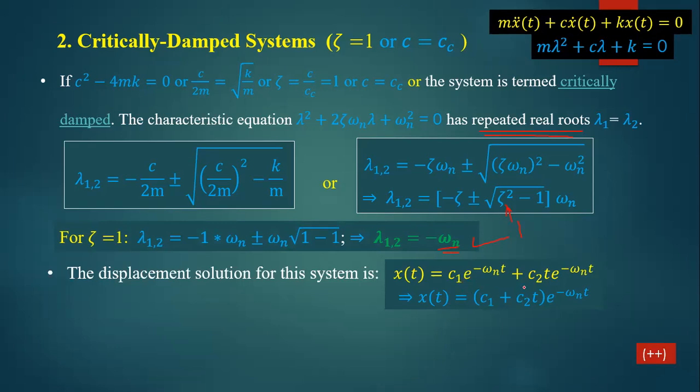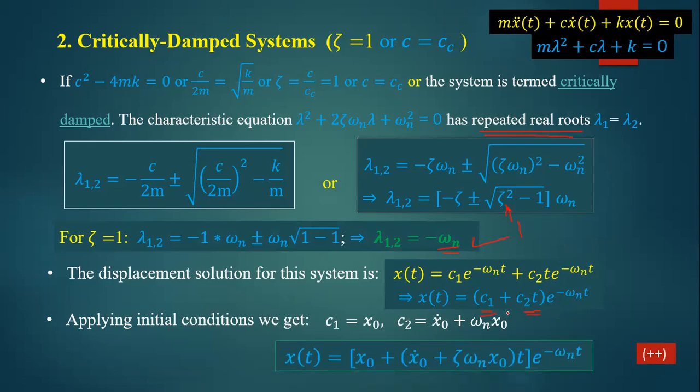So here we multiplied the constant by t, but here no t. So this is the form of equation which can satisfy the repeated roots. And applying the initial conditions, finally we can get this equation. This is the equation for the critically damped vibration case.